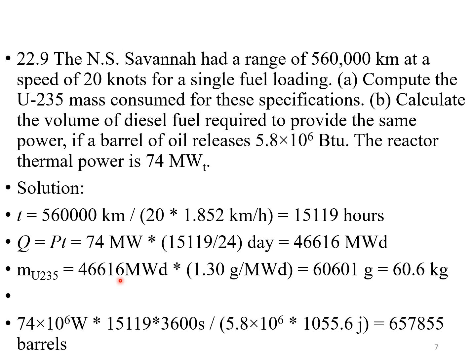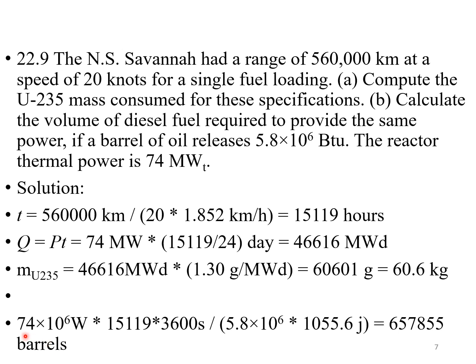Then, if we use oil to produce the same amount of heat, or the same amount of energy, what will be the number of barrels, so that we can make a comparison and appreciate the advantage of nuclear power.